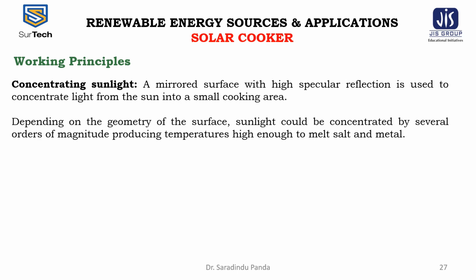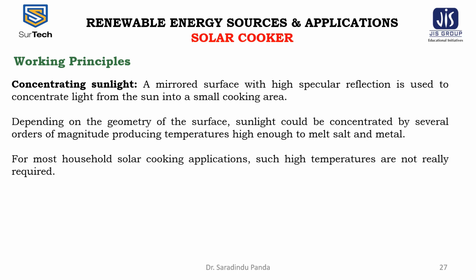Concentrating sunlight. A mirror surface with high specular reflection is used to concentrate the light from the sun into a small cooking area. Depending on the geometry of the surface, the sunlight could be concentrated by several orders of magnitude, producing temperatures high enough to melt salt and metal.